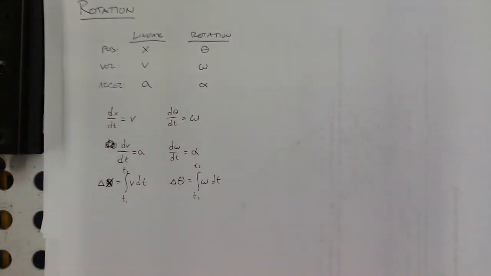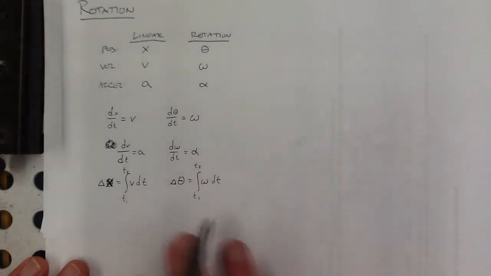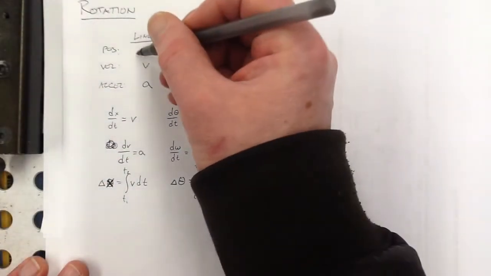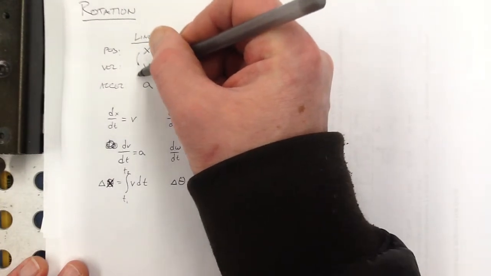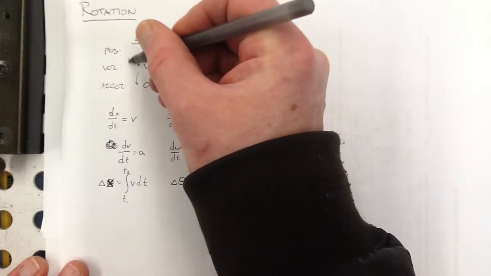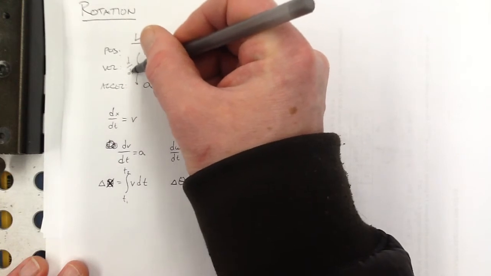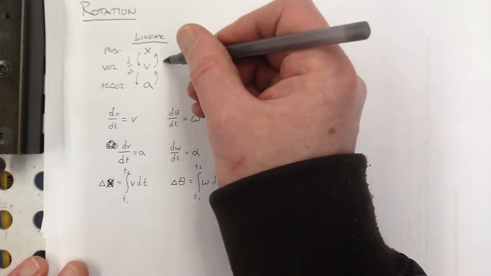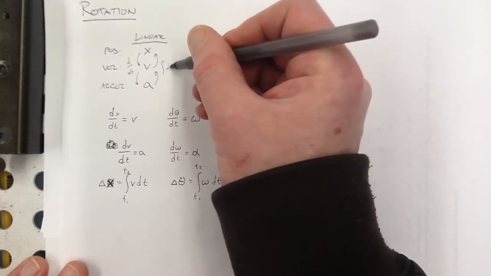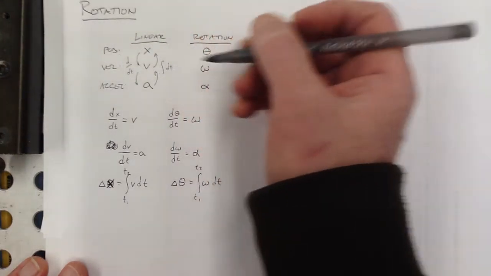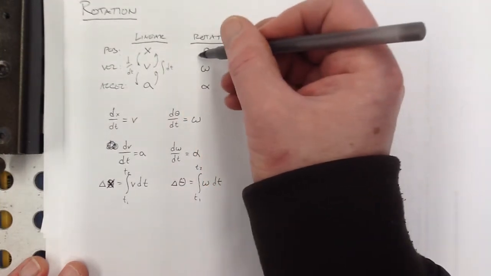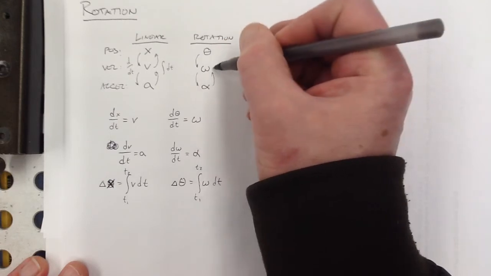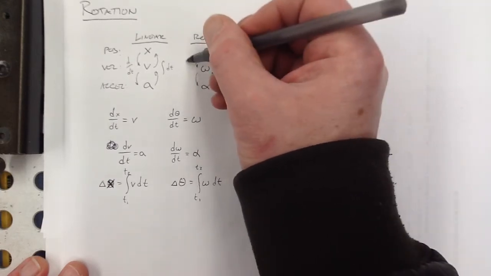And you can find change in velocities too by doing the integral. So the point of all that is, to go one way we take derivatives with respect to time, and to go the other way we take integrals with respect to time, or antiderivatives. And same thing here. All of the same relationships persist.